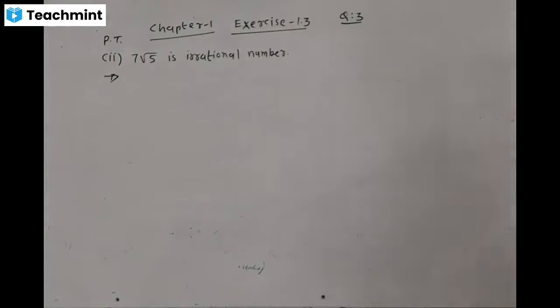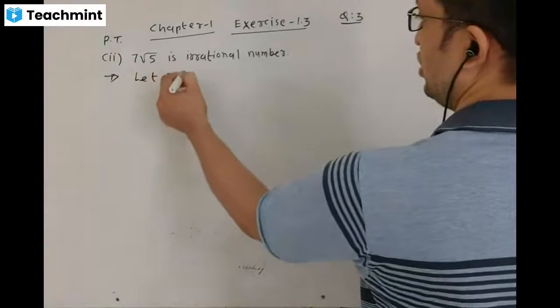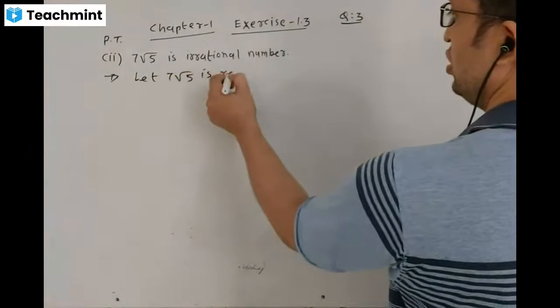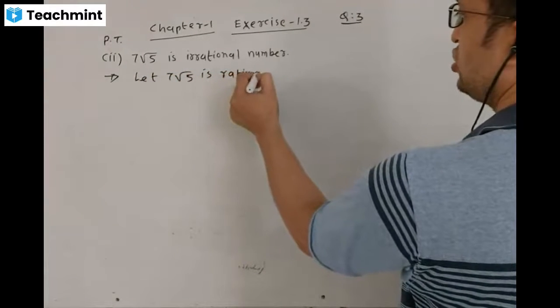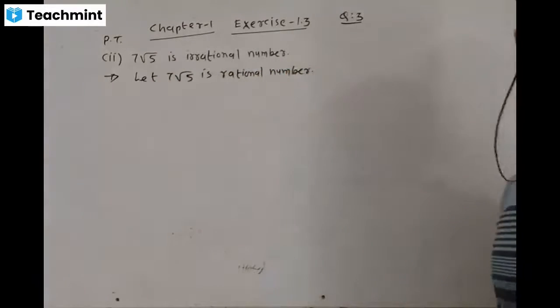7 root 5 is an irrational number. Prove करना है. Therefore, let 7 root 5 be a rational number.